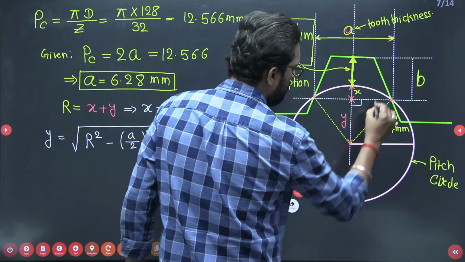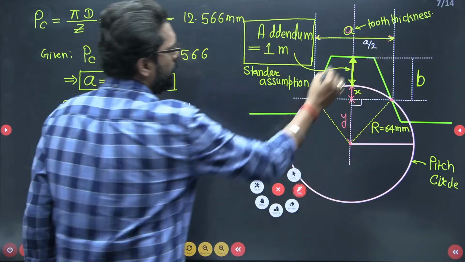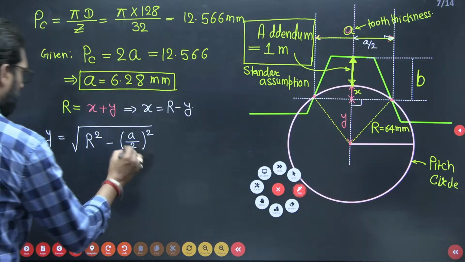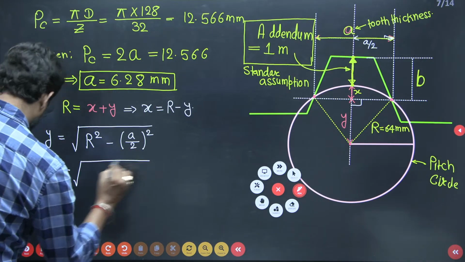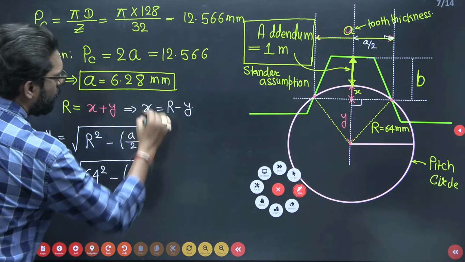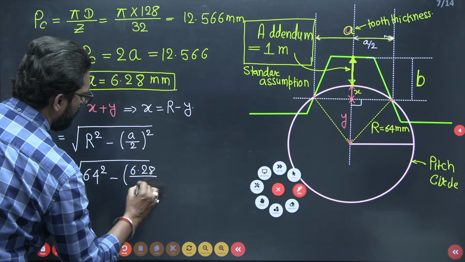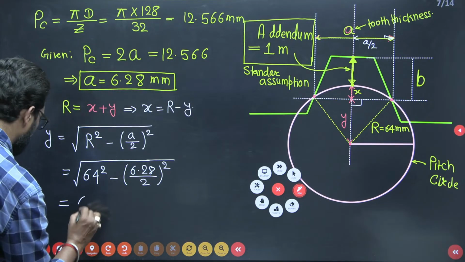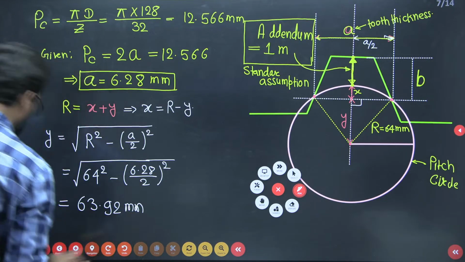If you put in the values, R is 64 whole square, and A is 6.28 by 2 whole square. If we calculate, this is 63.92 mm. This is Y.